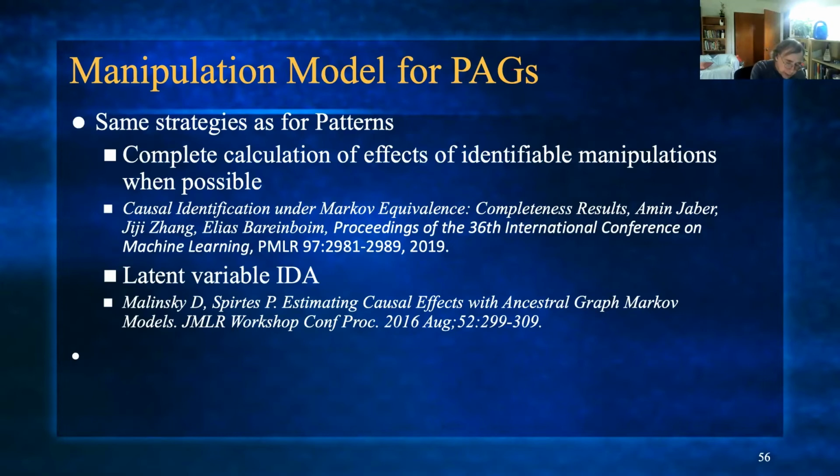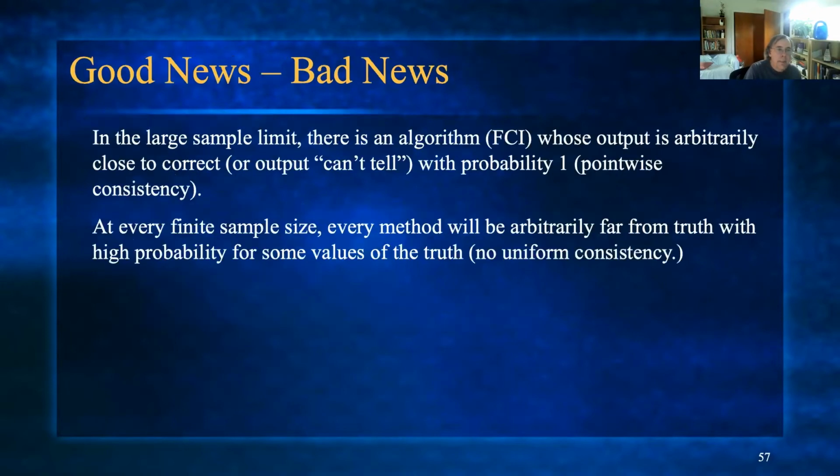So instead of getting a single answer for a manipulation, you would get a set of answers, and you would know that it was one of this set of answers. There are some theoretical problems with doing that, which I won't go into, but it turns out to not be particularly useful in many cases.